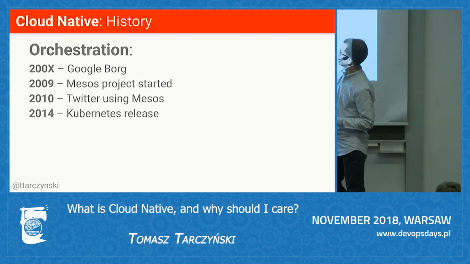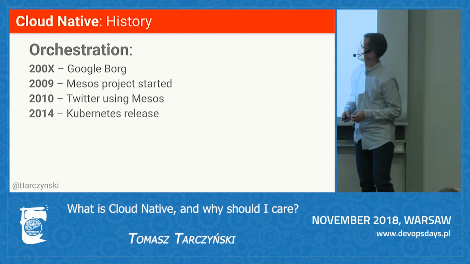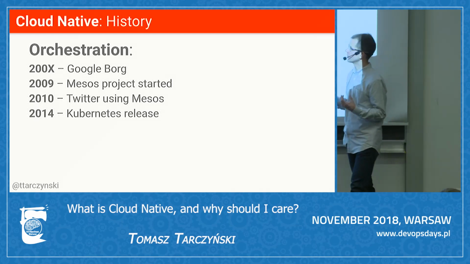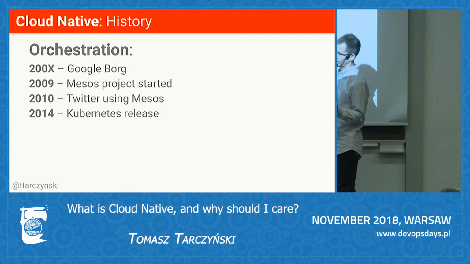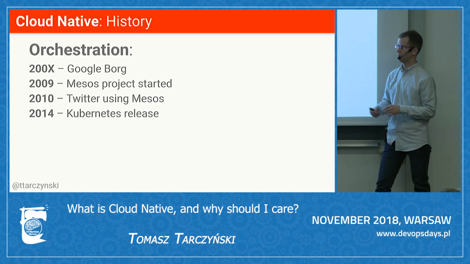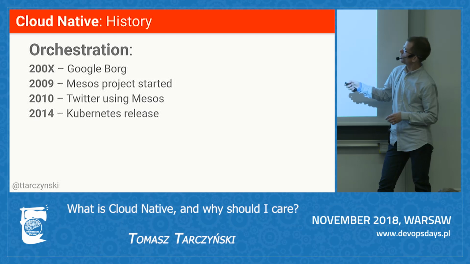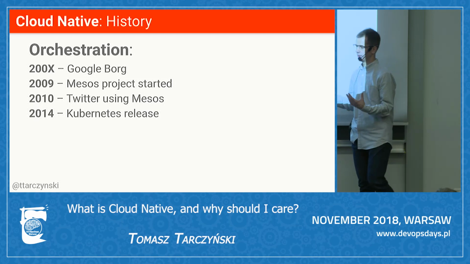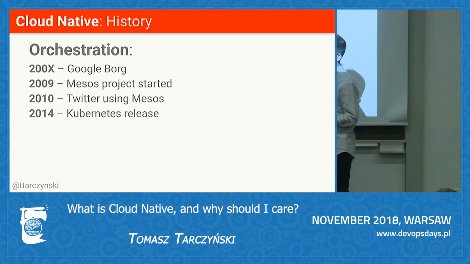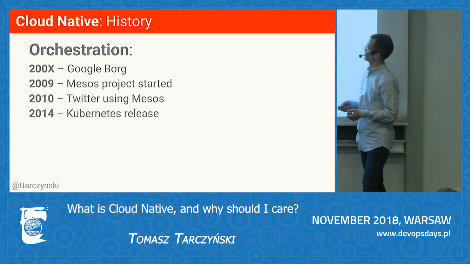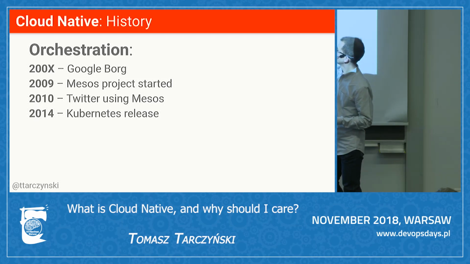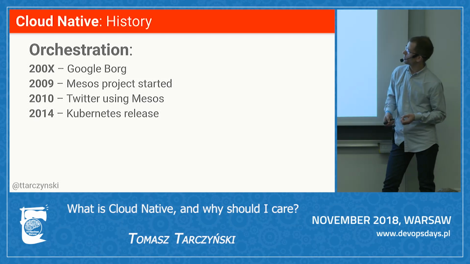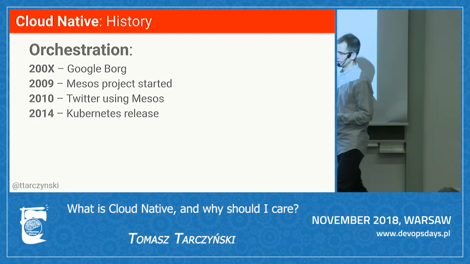But not only this one, also in 2009 the Mesos project started, another example of an orchestrator taking this idea of dynamic management of the whole cluster. It was also inspired by the Google work on Borg, by some people who used to work at Google. Then in 2010, Twitter started using Mesos, and in 2014 we got the first Kubernetes release.